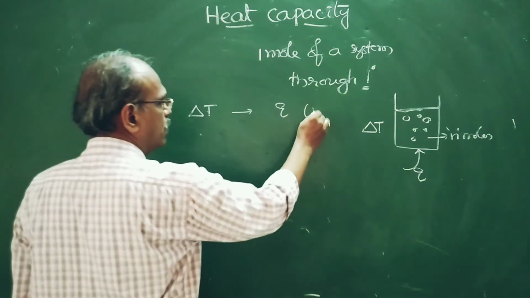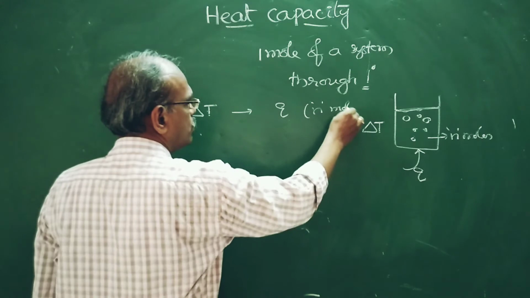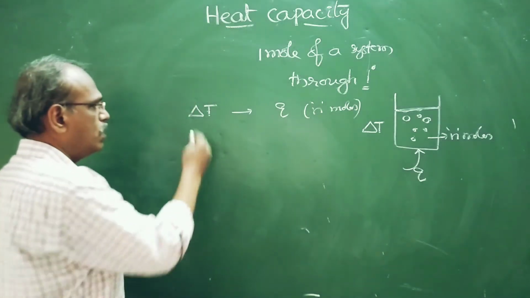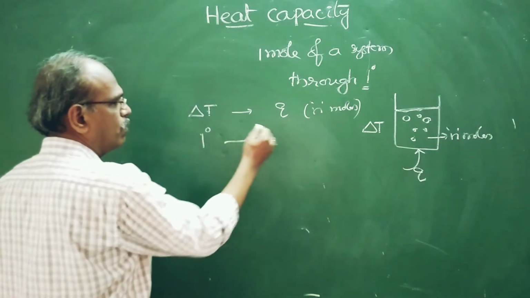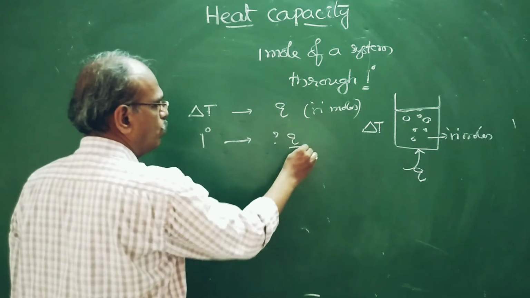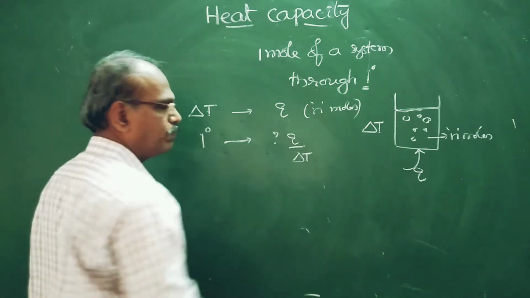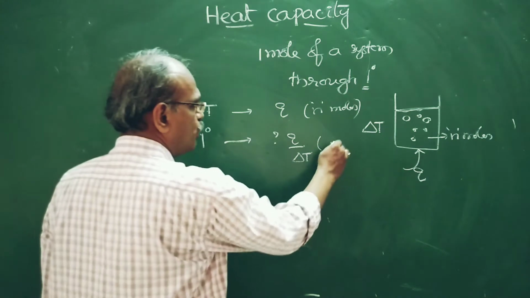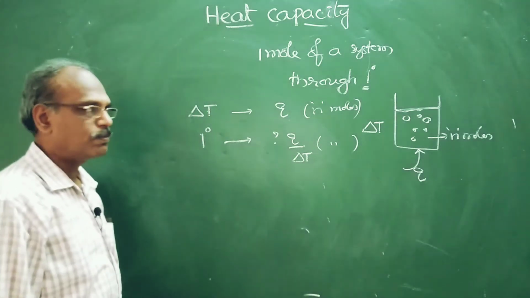Remember that this is for n moles of the system. For 1 degree, what is the amount? Q by delta T, and this is for n moles.